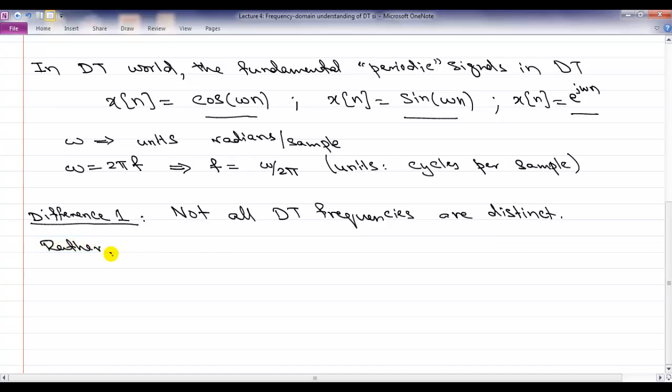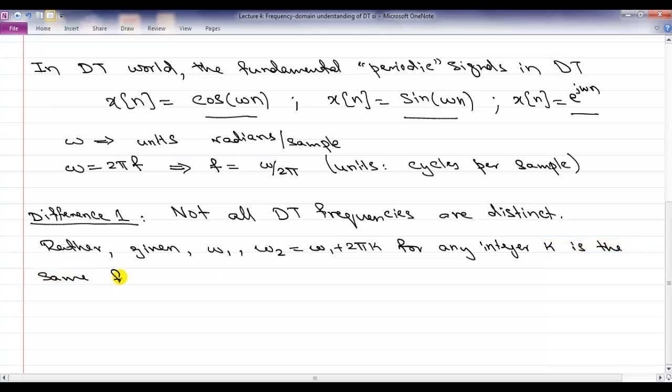Rather, given omega 1, omega 2 equal to omega 1 plus 2 pi k for any integer k is the same frequency as omega 1. Okay. So what does this mean?